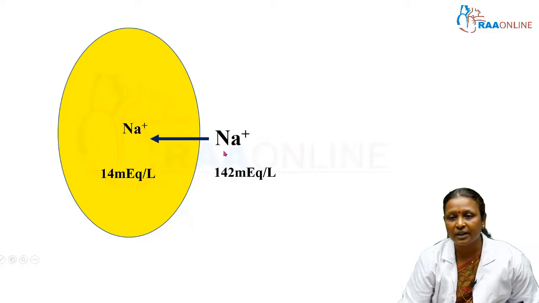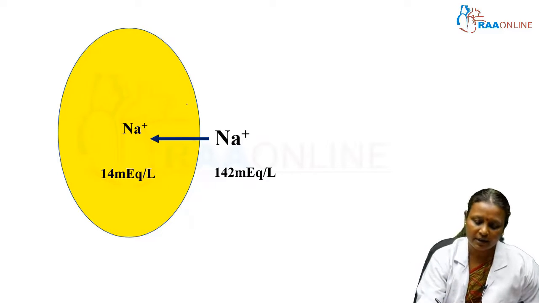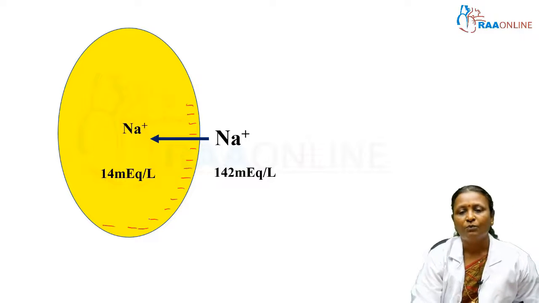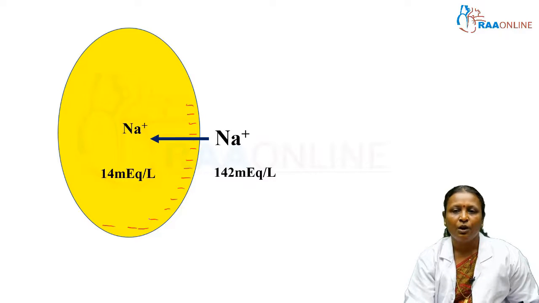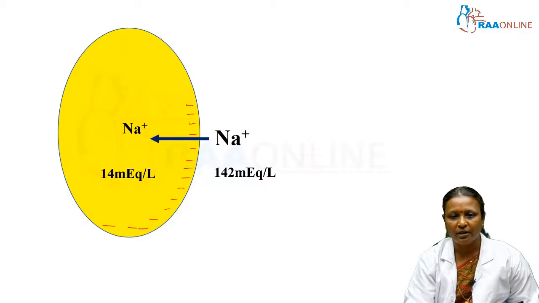The concentration gradient favors this movement. You have negativity inside, so the negative intracellular potential will also favor the movement of sodium from the extracellular to the intracellular compartment. So, the diffusion potential for sodium is based on the ratio between 142 and 14.